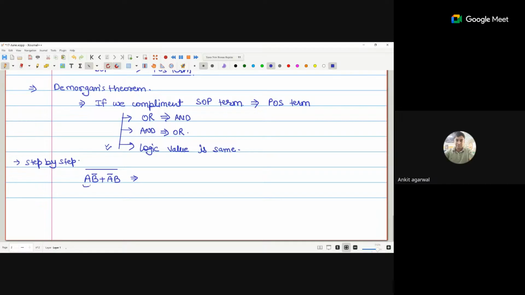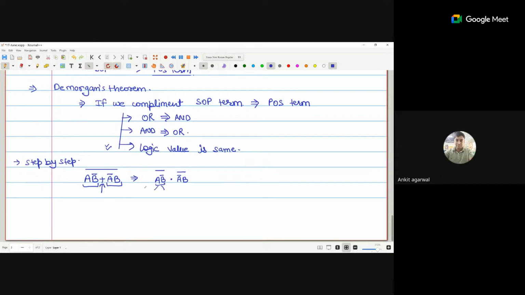This is one term, and this is another term, and in between them there is an OR gate. So first of all, I break these terms. It becomes the complement of A B bar, one term, and the OR gate is converted into the AND gate, and similarly the complement of A bar B.